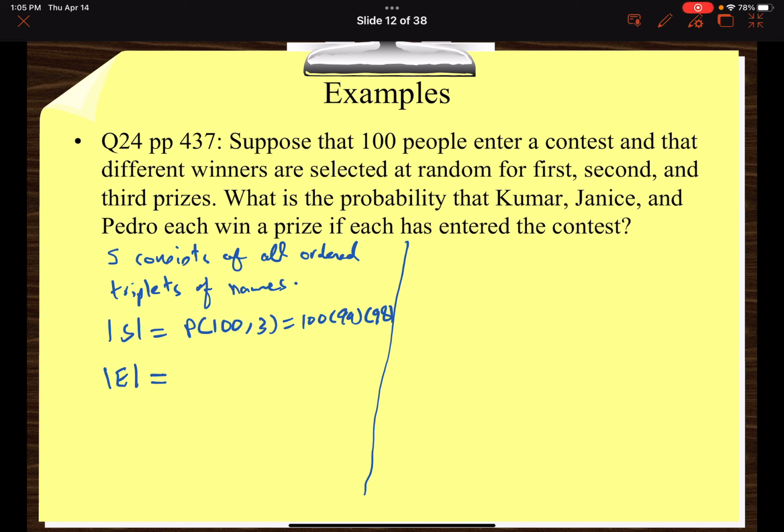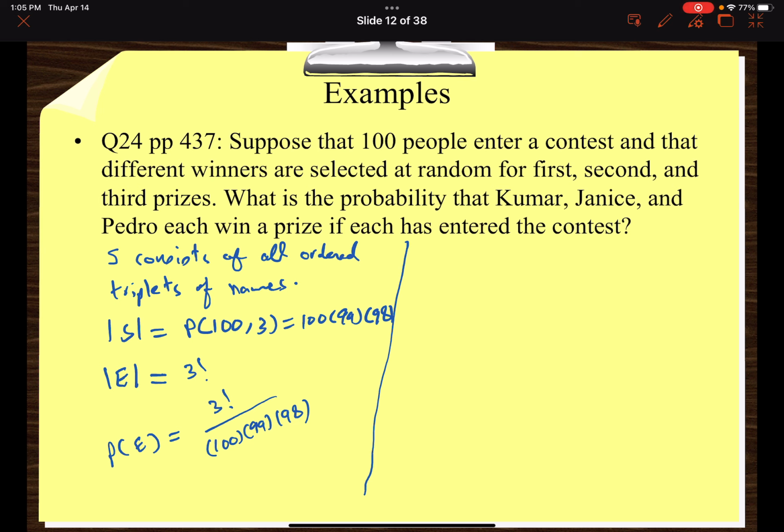I didn't say Kumar wins the first prize, Janice wins the second prize, and Pedro wins the third prize. I said each one of them wins a prize. So in that case, the size of E is basically 3 factorial, and therefore the probability of E is equal to 3 factorial divided by 100 times 99 times 98.